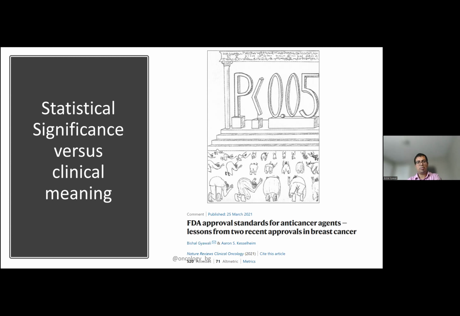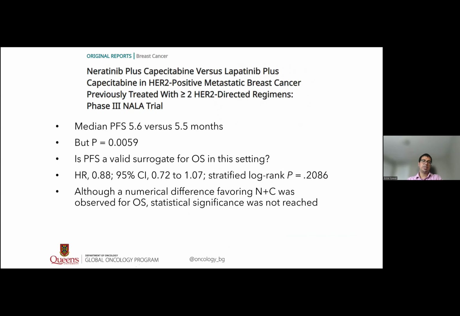Among these two examples, one example I'll highlight to tell you what the difference is between statistical significance versus clinical benefit. This is the phase 3 NALA trial of neratinib in metastatic HER2-positive breast cancer. You can see here that the median PFS with the use of neratinib was 5.6 months versus the control PFS of 5.5 months. 5.6 versus 5.5.